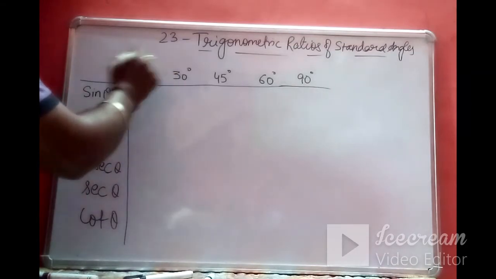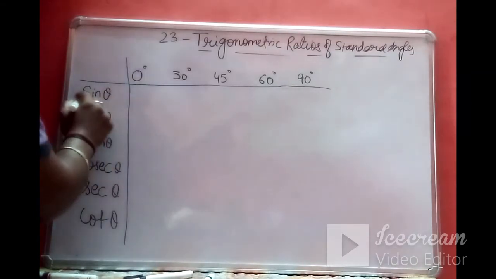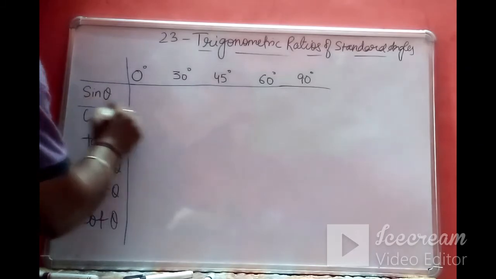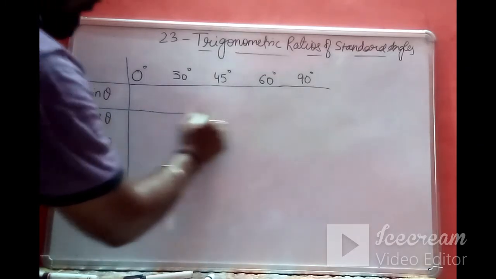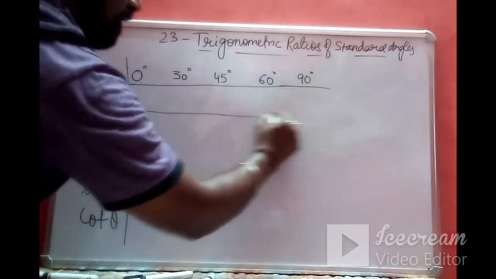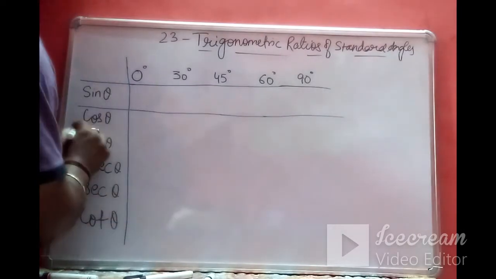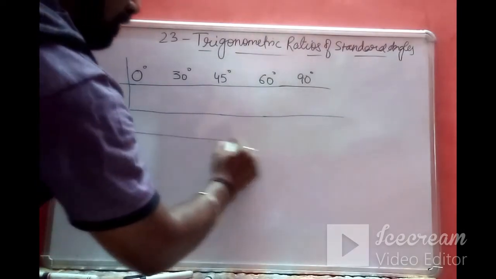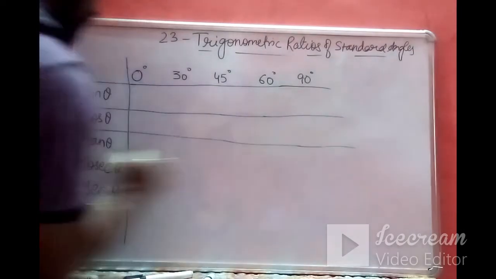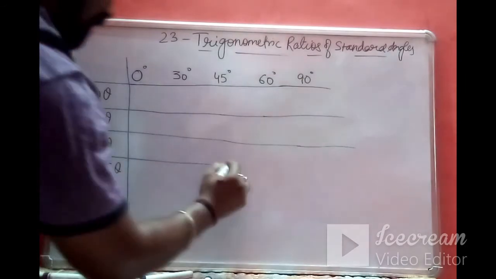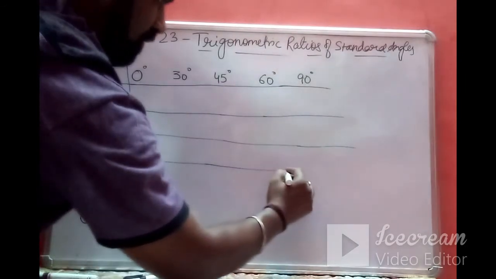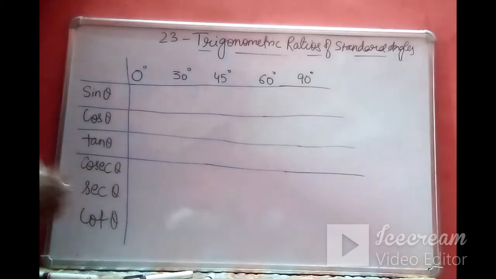Now in order to remember these values, there are few things that if you remember, then you can easily remember this table. Whatever concepts we have learned, we will use to find the values of these standard angles.